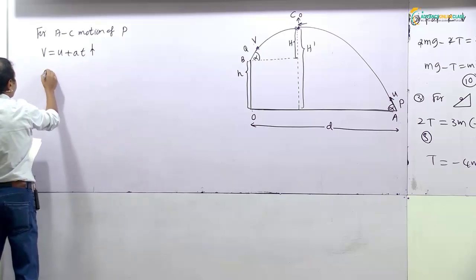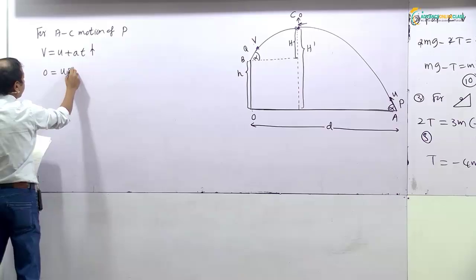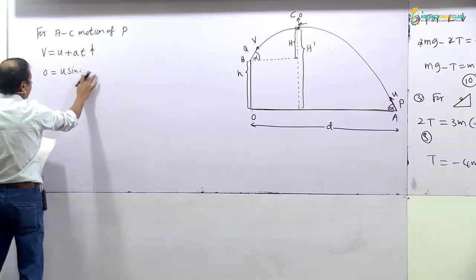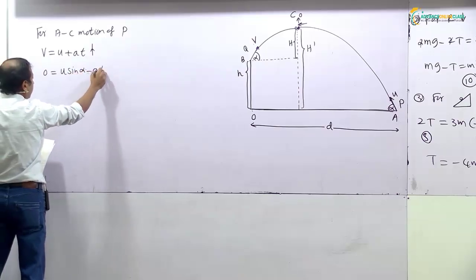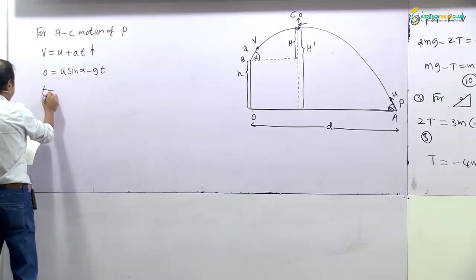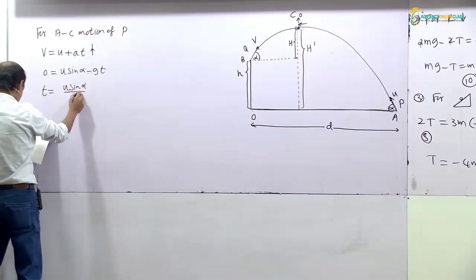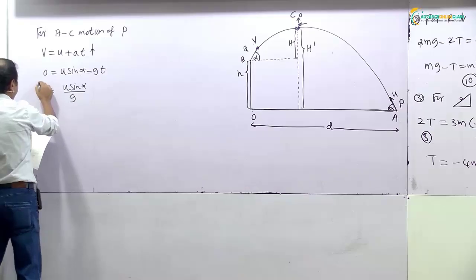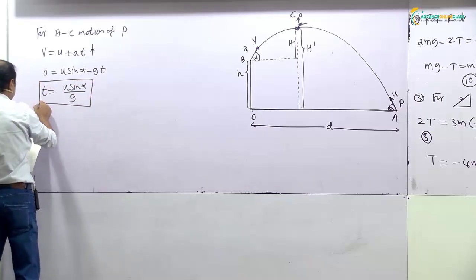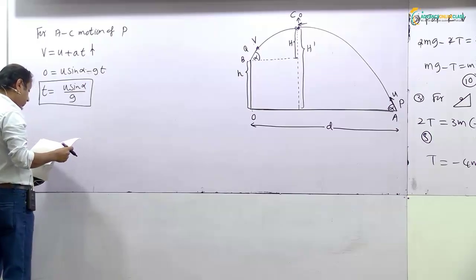It's 0 velocity finally. 0 equals u sin alpha minus gt. Then we get time t equals u sin alpha over g.